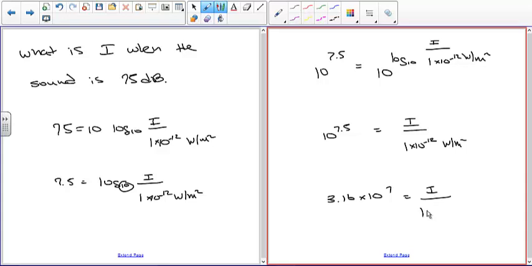I just stuck that in my calculator. 10 to the 7th is the same as 1 times 10 to the 7th. And 10 to the 8th is 1 times 10 to the 8th, obviously. But 10 to the 7.5 is somewhere between these two, which this is.